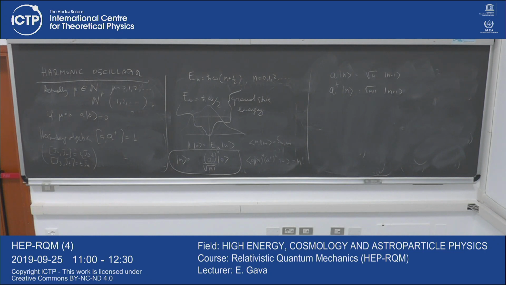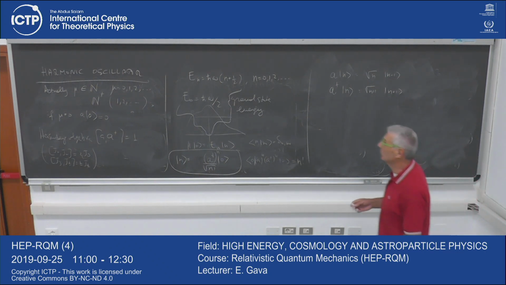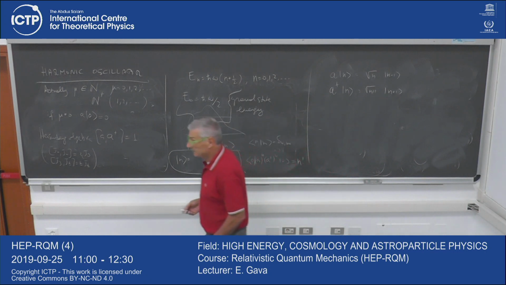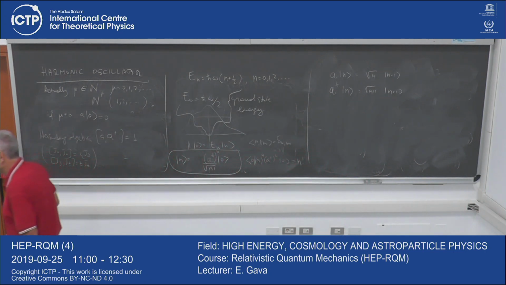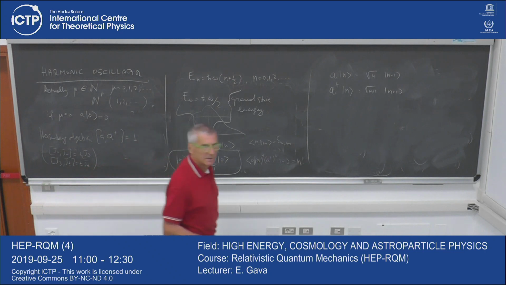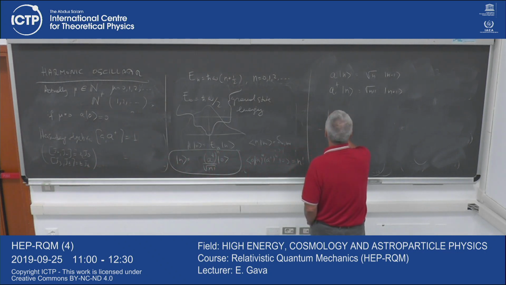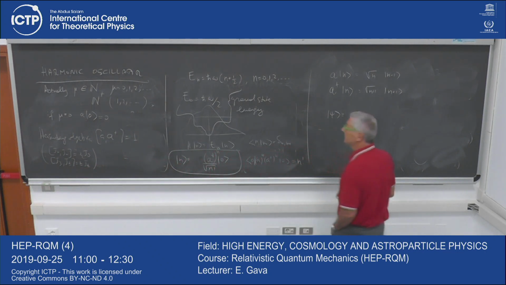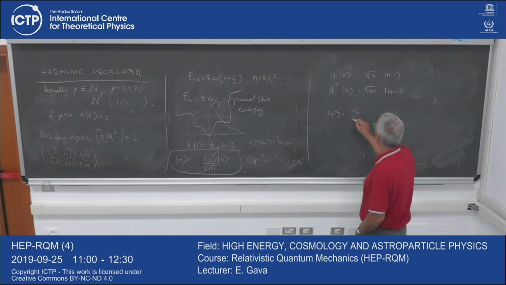So now we know everything about the Hilbert space. This is the basis. Now it's truly a Hilbert space, right? It's not a finite dimensional vector space. And so when you form linear combinations of these objects, an arbitrary state will be the sum of c_n |n>, right?